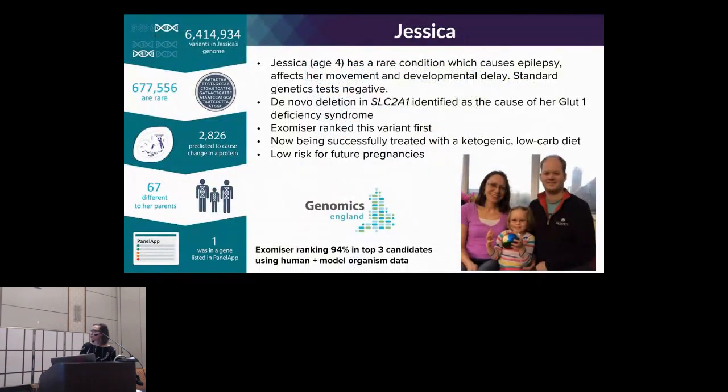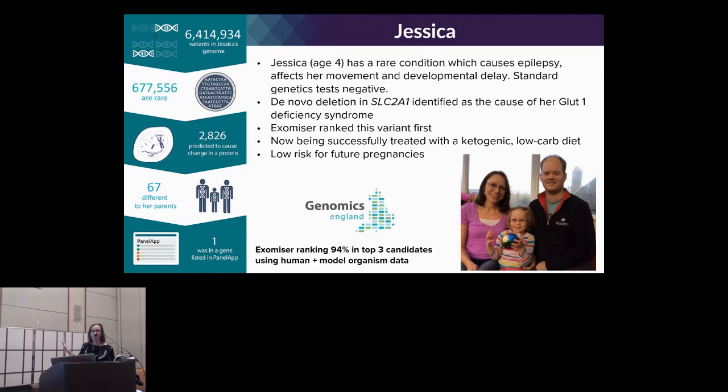So this is one of those success stories. This is Jessica. She was 4 when she came into the Genomics England context, and she had a rare condition that caused epilepsy and affected her movement, and all of the standard tests were negative. And so we started out with over 6 million variants. 677,000 of them were rare, 2,826 were predicted to cause a change in protein.